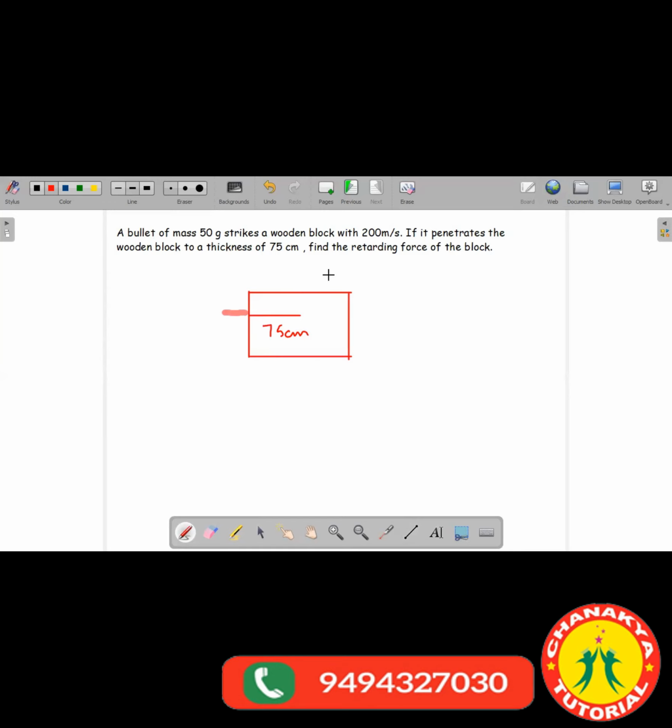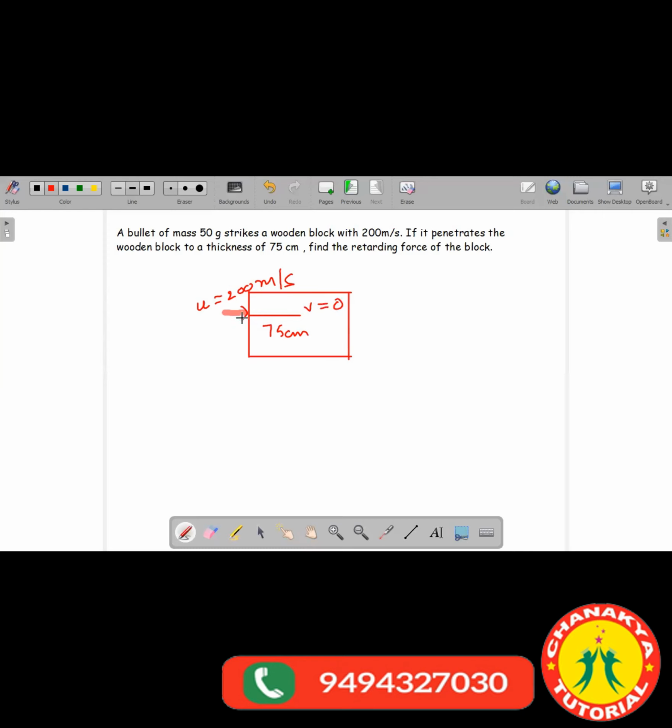And that kinetic energy will be equal to 1 by 2 mv square. So when the bullet strikes over here with a certain speed, let's say a speed of 200 meter per second, then as it passes, its speed becomes zero. Its final speed becomes zero.